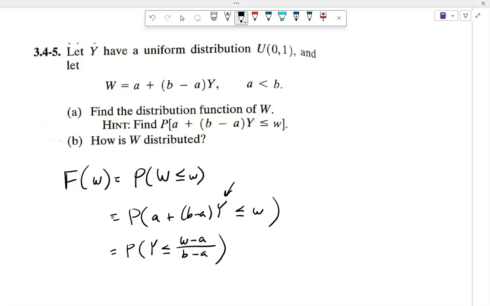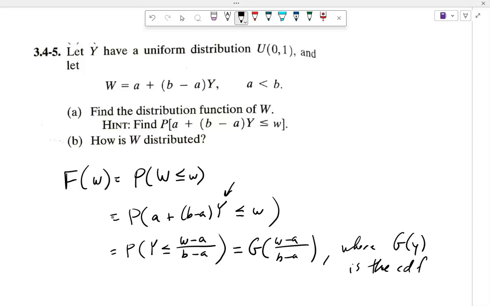So this is equal to G of (W minus A) over (B minus A), where G of Y is the CDF of capital Y. All right? If this were capital Y is less than or equal to little y, that would be G of y, isn't it? That's exactly the definition of the distribution function, isn't it? What do we replace little y with? We replace little y with this thing on the right-hand side. Okay? It's just a composition function.